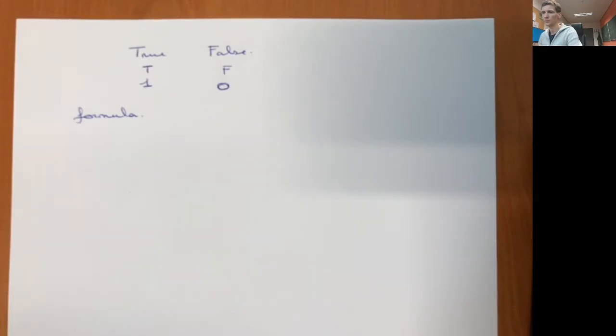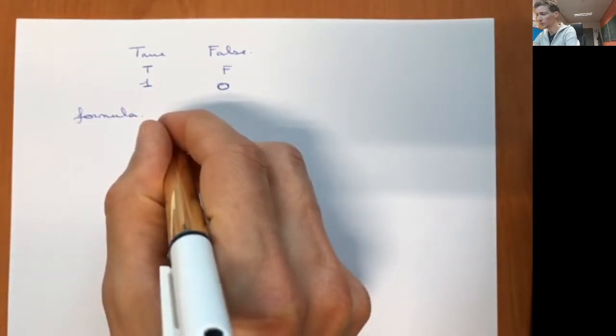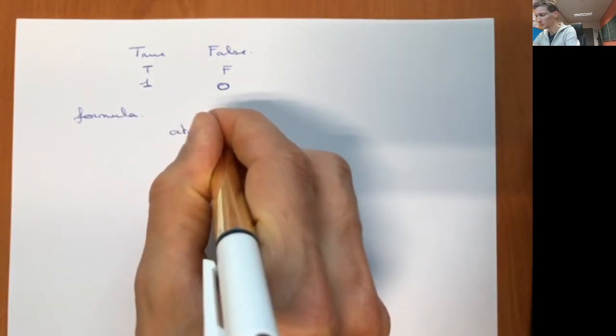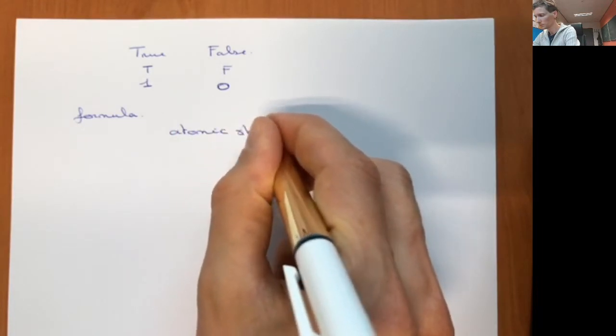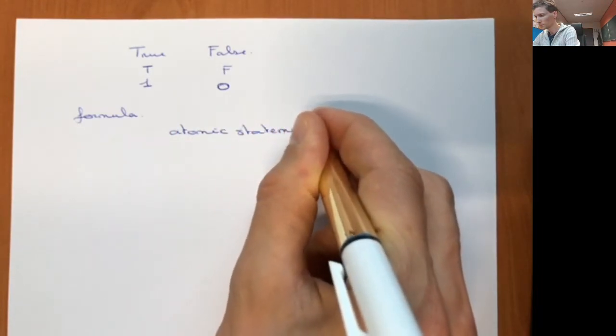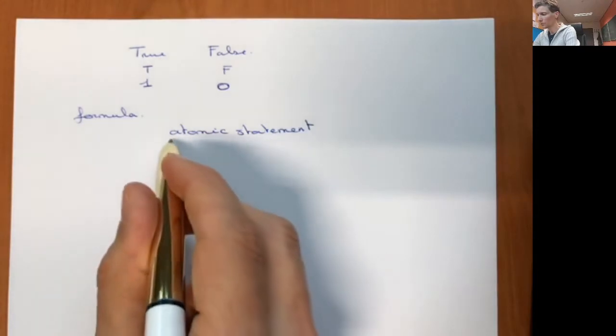So basically formulas are built up from other formulas and can be decomposed into other formulas, but similar to a Lego construction, you have to start from something. And in mathematics, this thing that we start from is called an atomic statement. Okay, so what's an atomic statement?